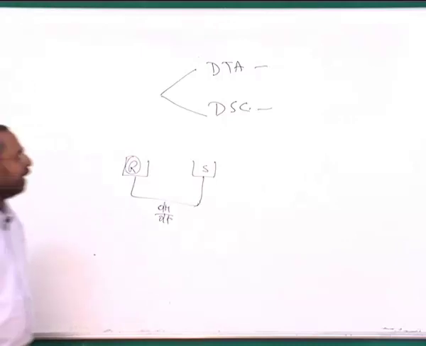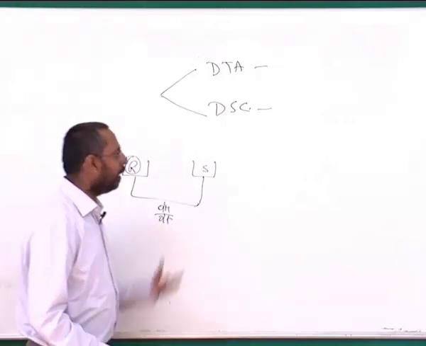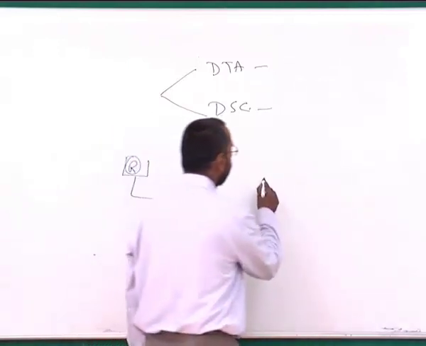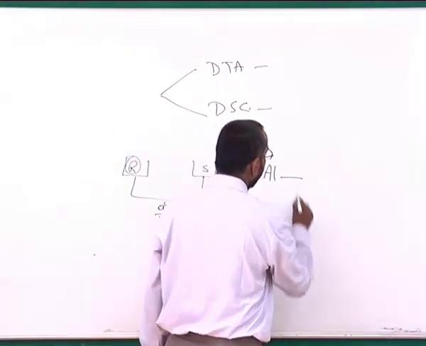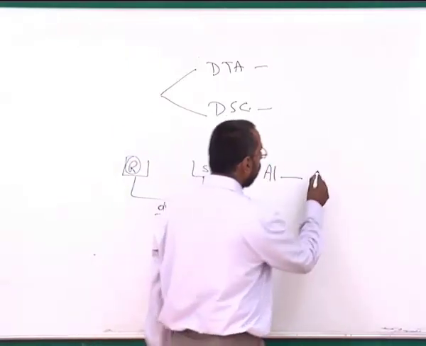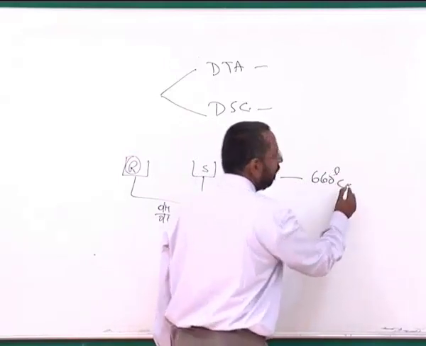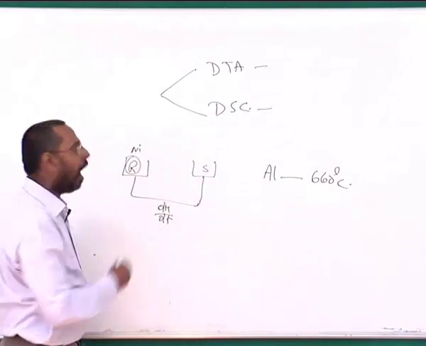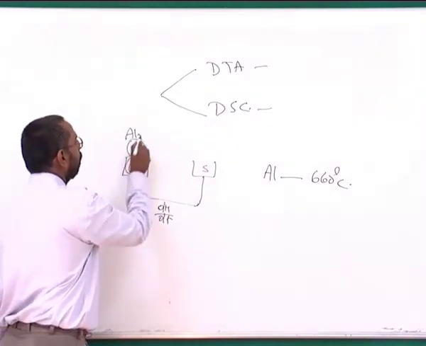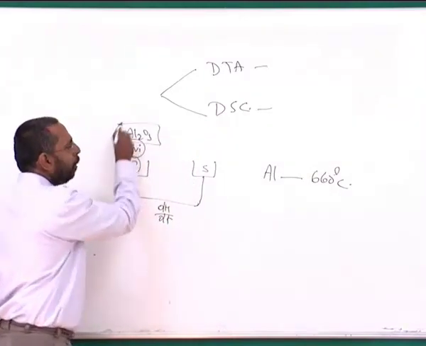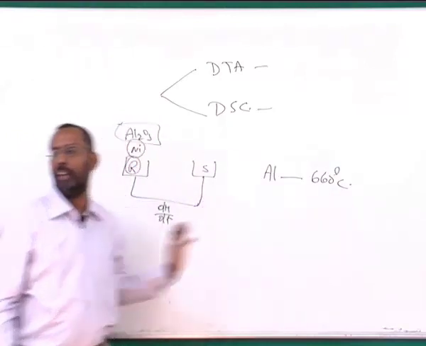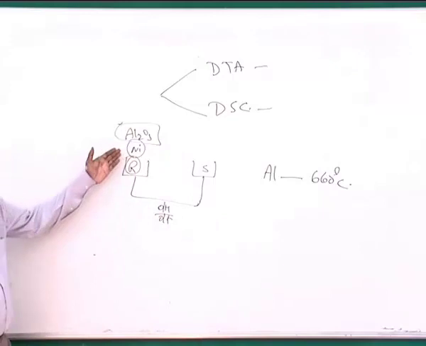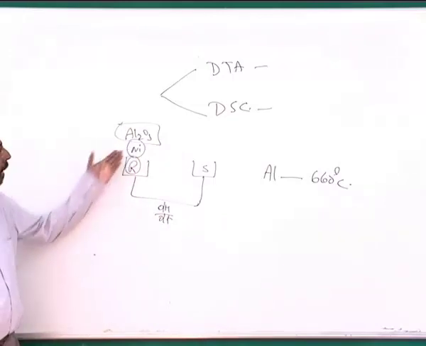For example, let's say I am interested in pure aluminum, and I want to find out the melting point of aluminum, which I know is 660 degrees centigrade. I can use a reference which is, let's say, nickel or some alumina powder, knowing pretty well that up to 660 nothing happens in alumina powder or nickel, because nickel is a pure metal and it is FCC.